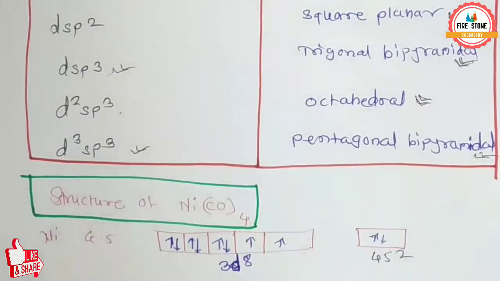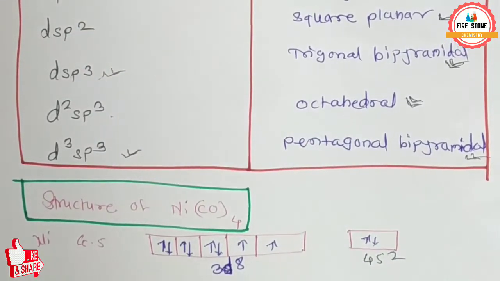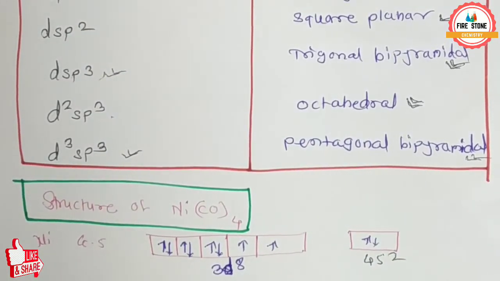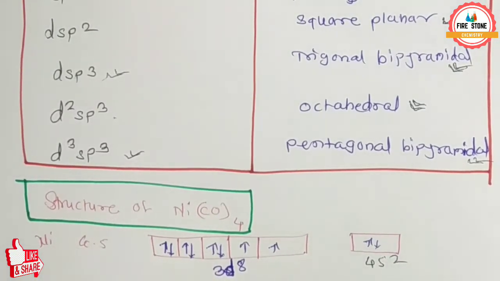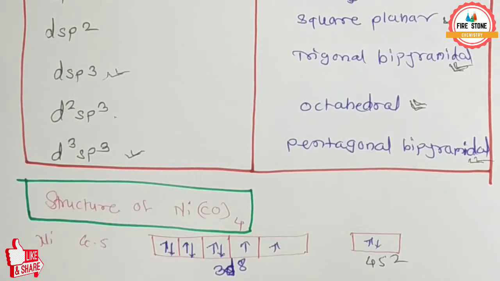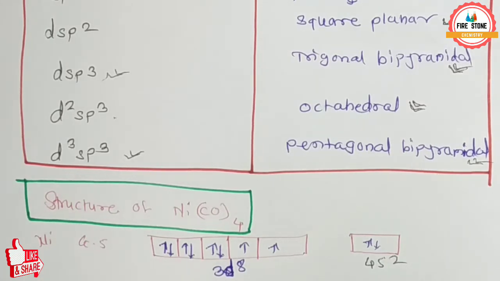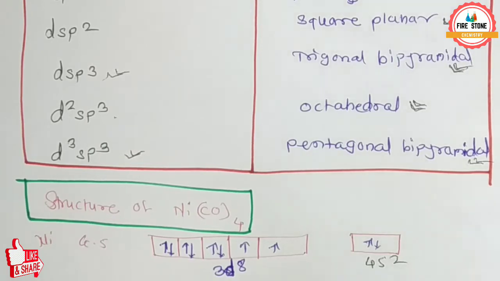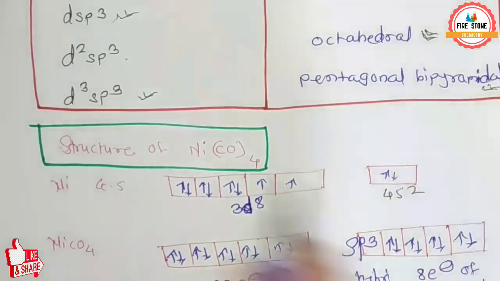These are all the most important points from your exam point of view, because there are 4 mark and 2 mark questions on the geometry of compounds, where they ask you to find the geometry of the compound.